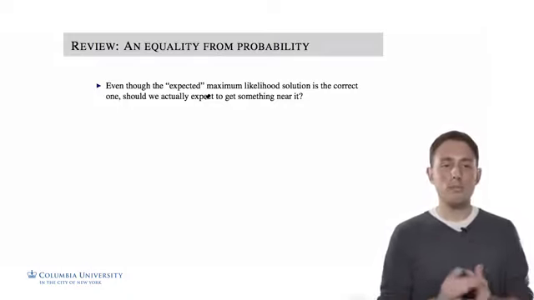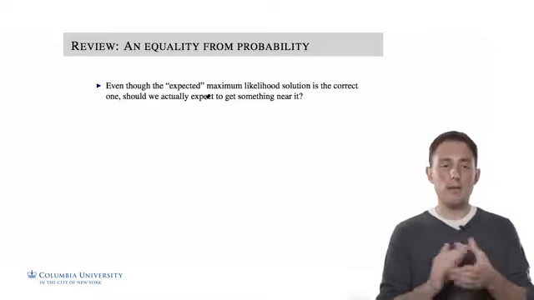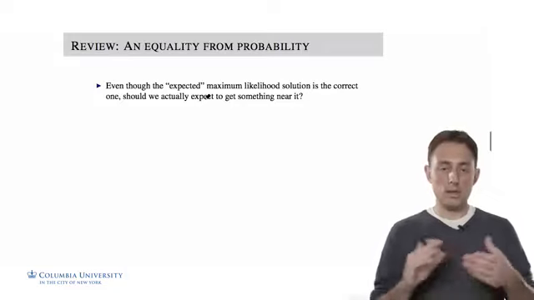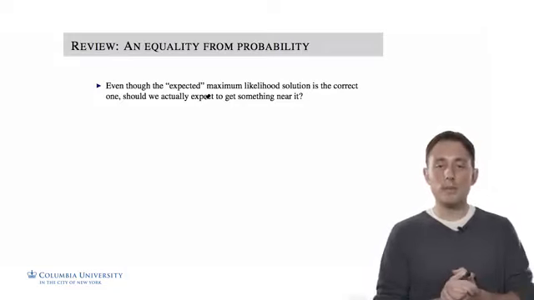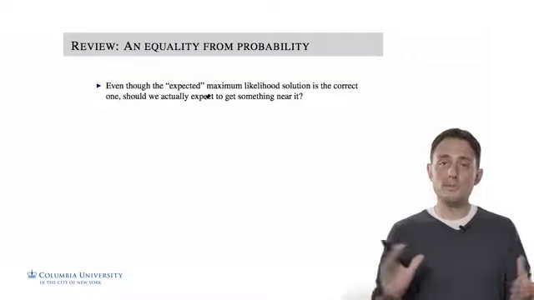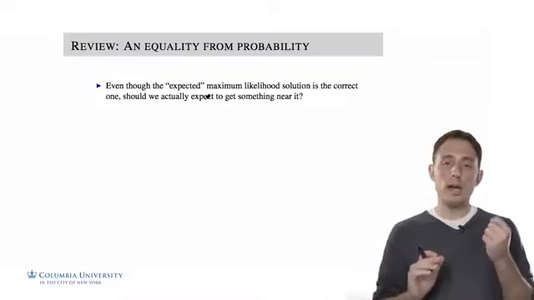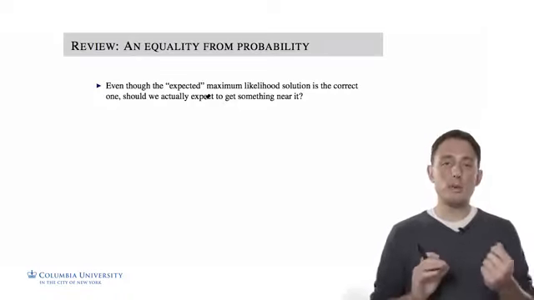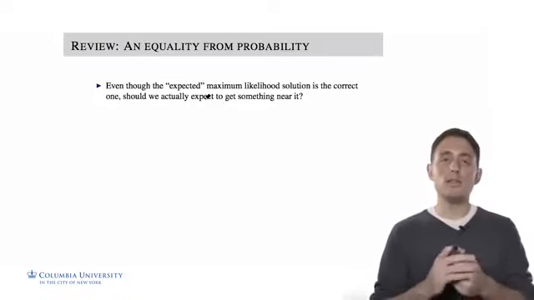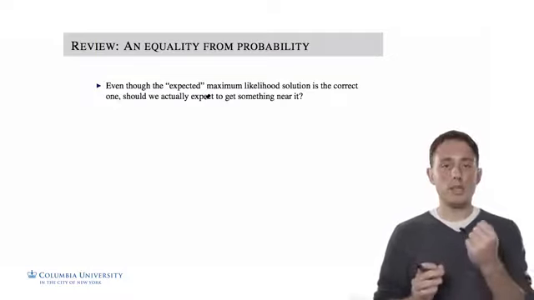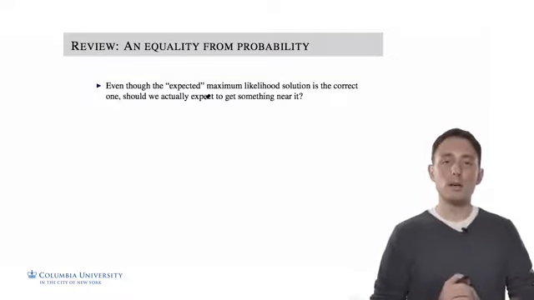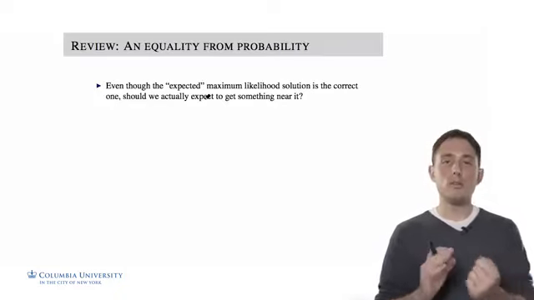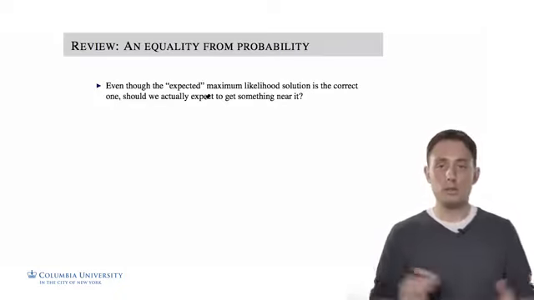One way to instantly understand this is if I have a Gaussian random variable with mean mu and variance sigma squared, and sigma squared is huge, then even though that random variable in expectation is equal to the mean, since the variance is so huge, I don't actually expect to see something close to the mean. I wouldn't be surprised if I saw a random value very far away from the mean because the variance is so huge.